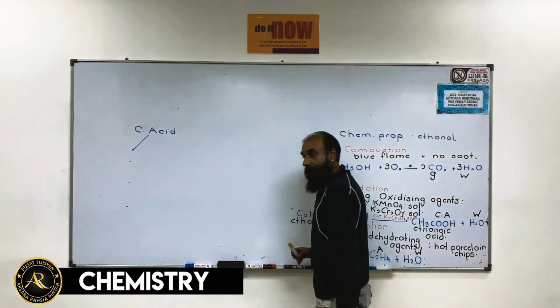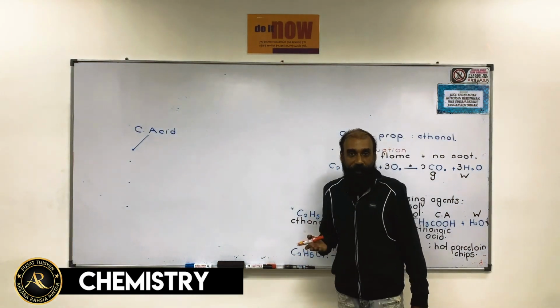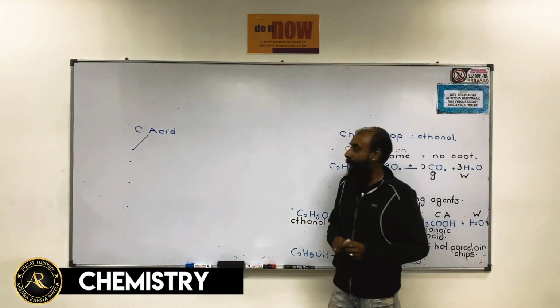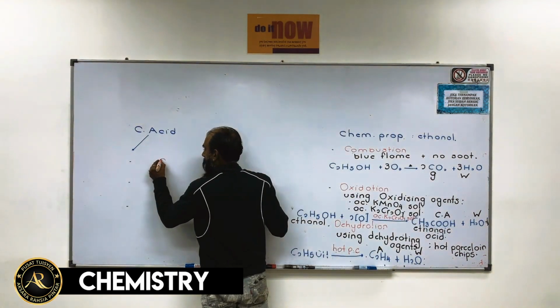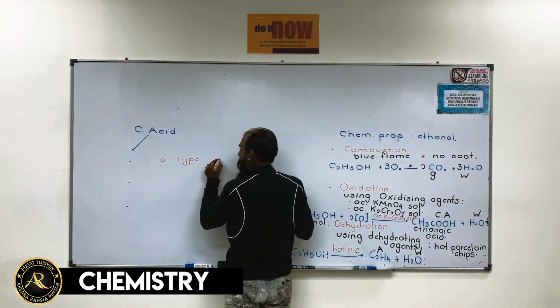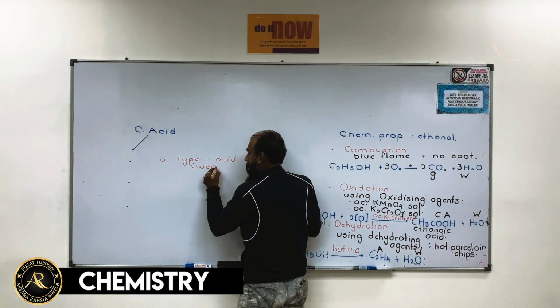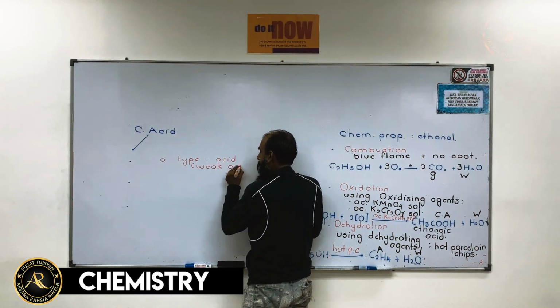You have heard that name before in your Form 4, Chapter 7, acids and bases. Carboxylic acid is a type of weak acid.